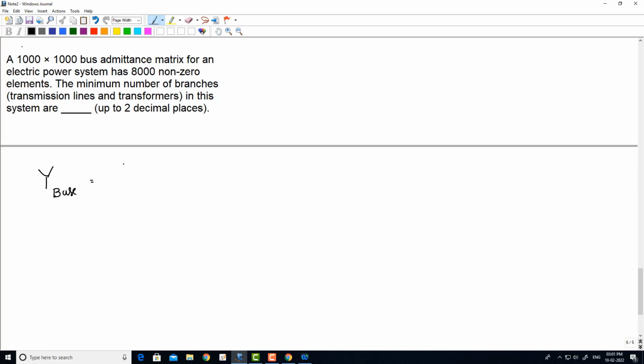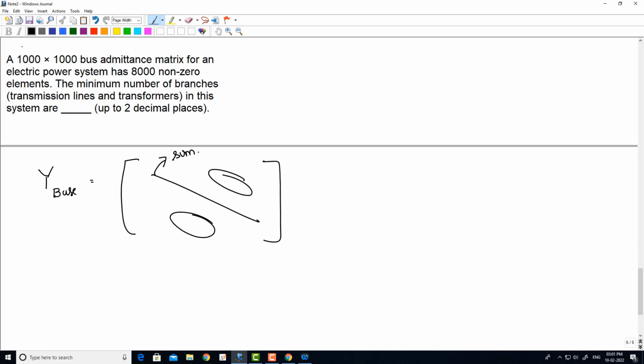Diagonal elements is one procedure, off diagonal elements is another procedure. Diagonal elements is the sum of all elements connected to the particular node.